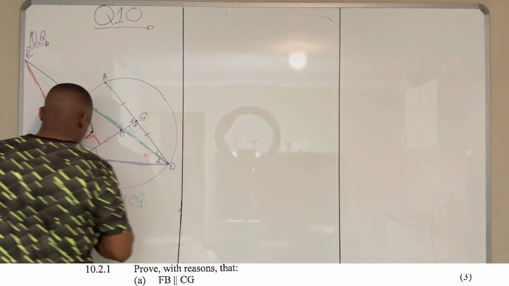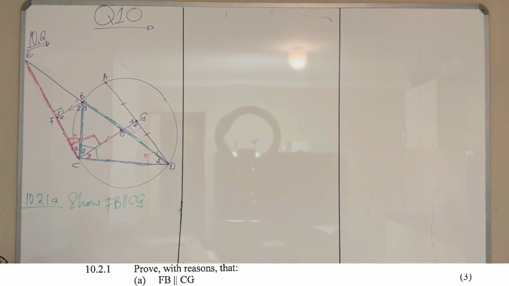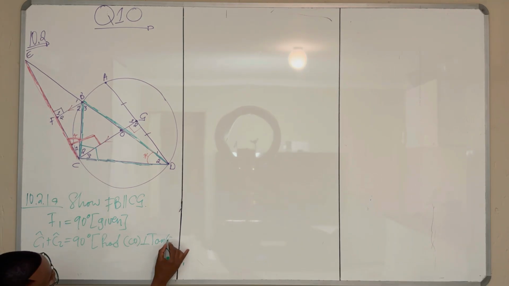So in this case, I'll say angle F1 is 90 degrees. Why? This was given information. On the second one, I'm going to say C1 and C2 make 90 degrees. Why? Because our radius, which is CO, is perpendicular to a tangent, which is EC. I taught this in my videos.